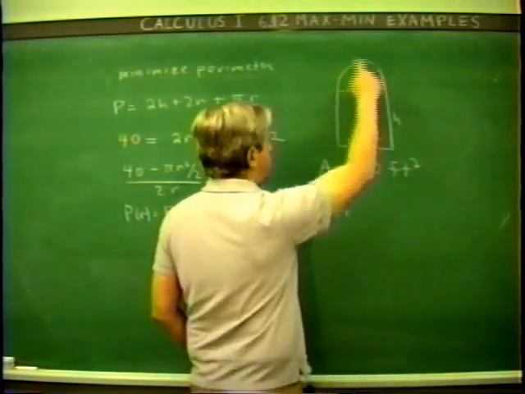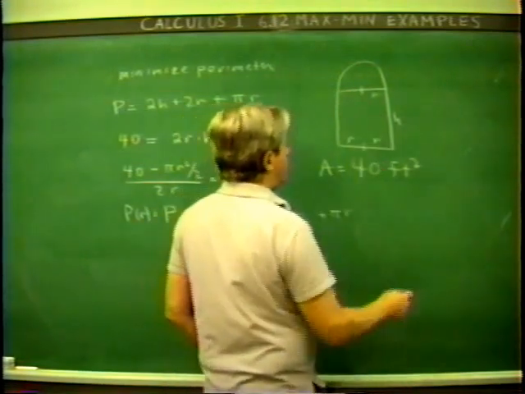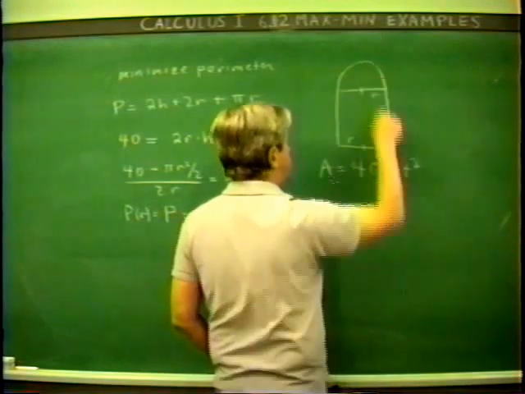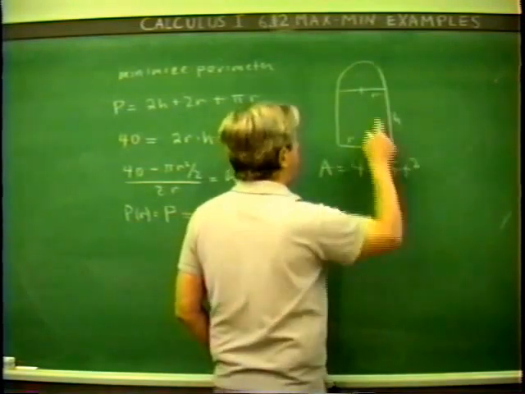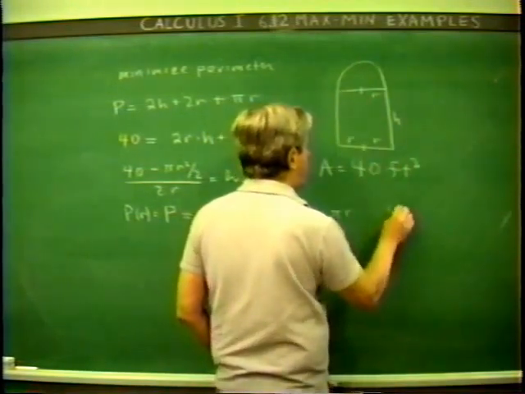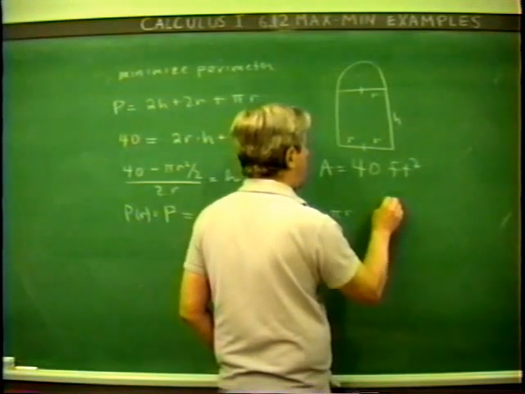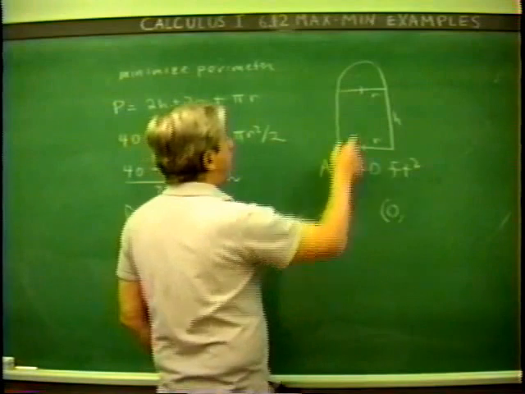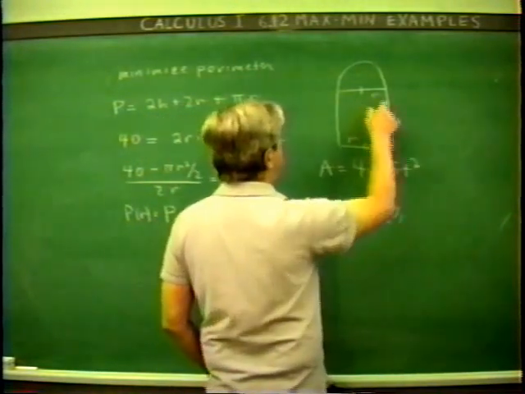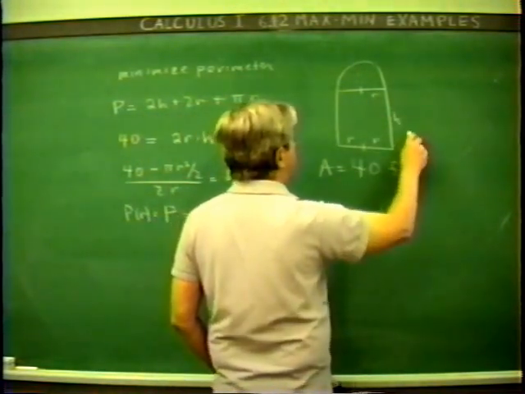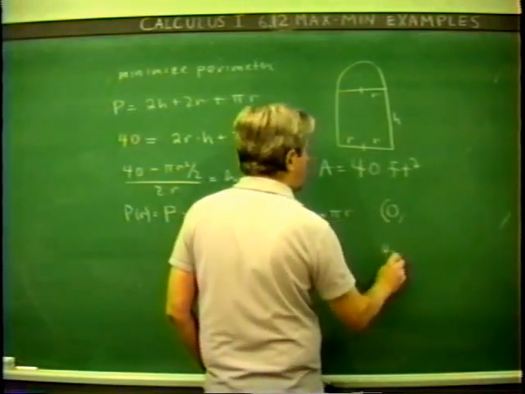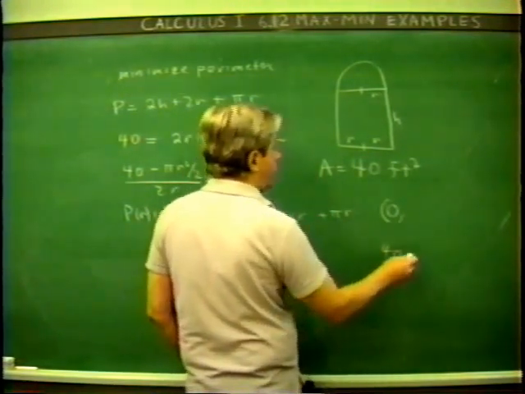R makes sense. If you had a large enough R, you would have all semicircle and no height. H makes sense between 0 and infinity, but R makes sense between R equals 0, though not at the endpoint, and R can be so large that we get all semicircle.